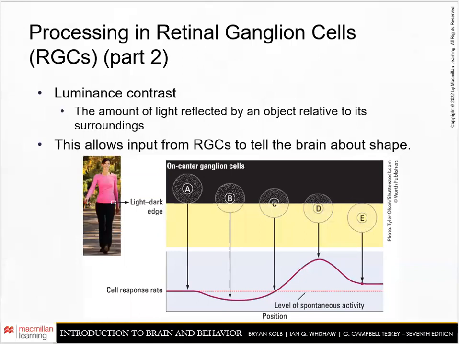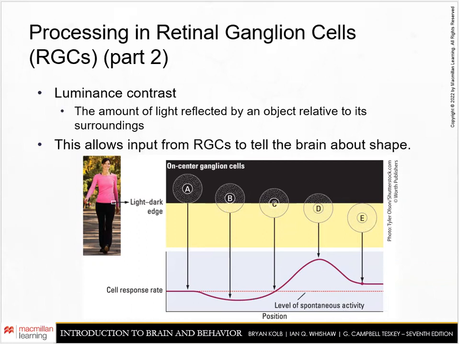And that's important because of luminance contrast, which is the amount of light reflected by an object relative to its surroundings. This allows input from the retinal ganglion cells to tell the brain about shape in some ways, right? Because we're able to see in this hypothetical population of on-center ganglion cells, whose receptive fields are distributed across this light-dark edge, that the activity of cells along the edge is most affected relative to those away from the edge that are over here.